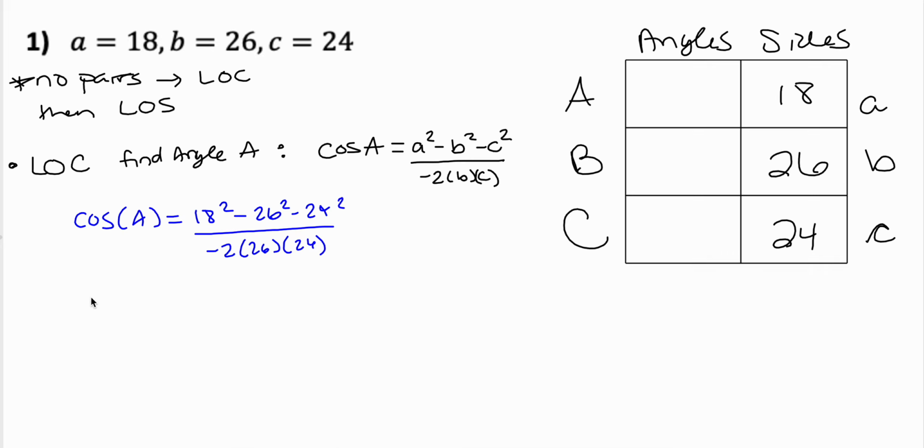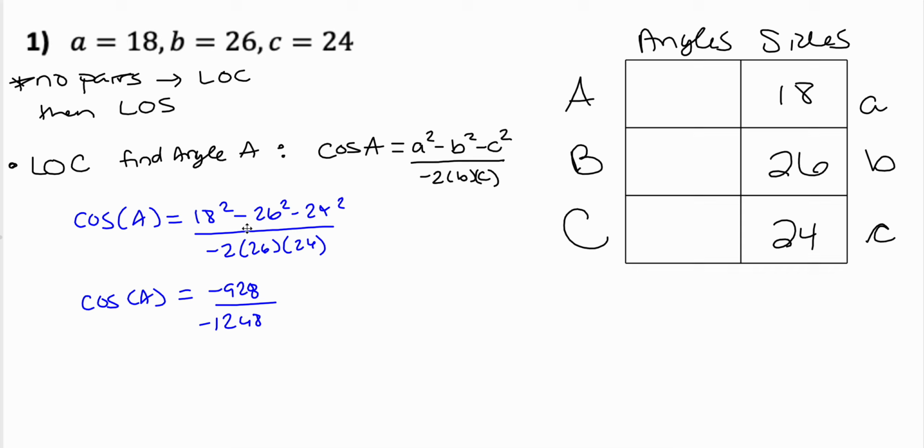So we're going to write out cosine of big A is equal to our numerator of 18 squared minus 26 squared minus 24 squared is -928 over -2 times 26 times 24 is -1,248.